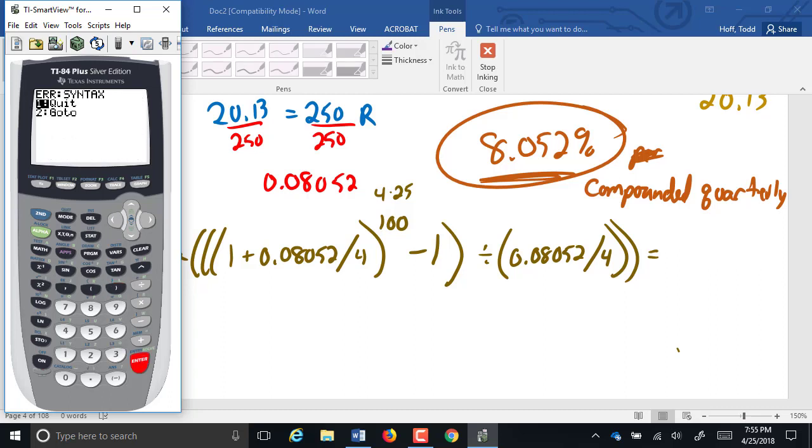Oh, that is always good. Let's try that again. Well, something went wrong when I went to enter my exponent and I had to back out of it, so I need to clear it.